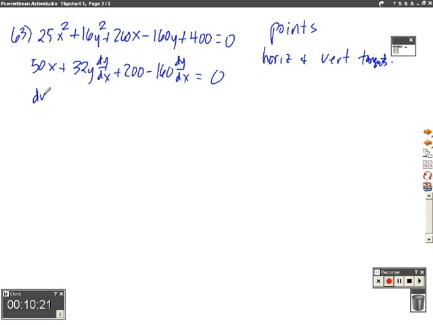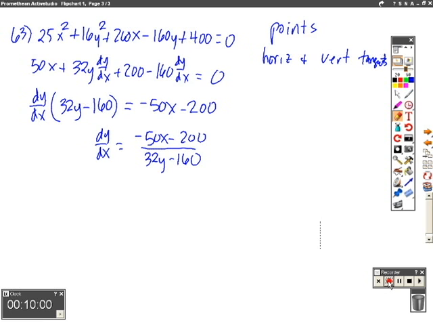Getting all my dy/dx terms on one side and factoring, I will get 32y minus 160 equal to, moving the other terms to the other side, negative 50x minus 200, and then I'm going to divide to get dy/dx by itself.